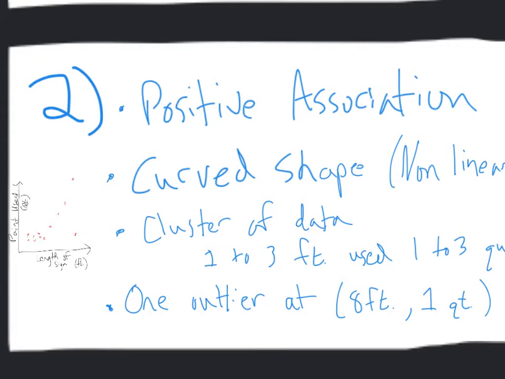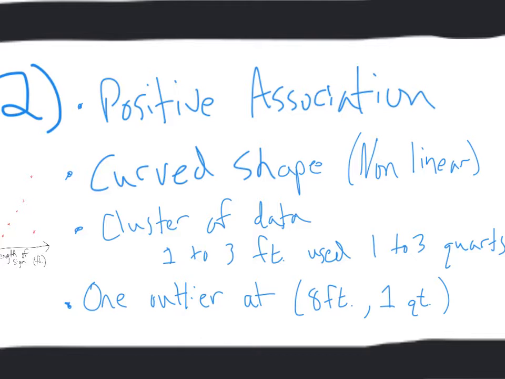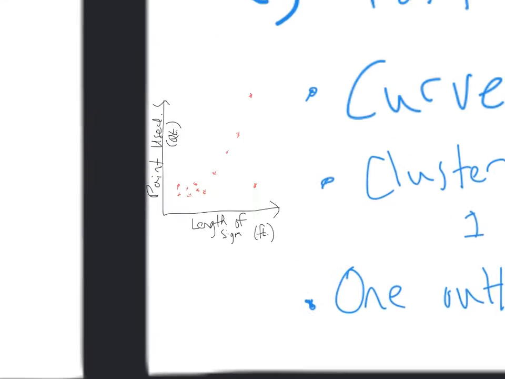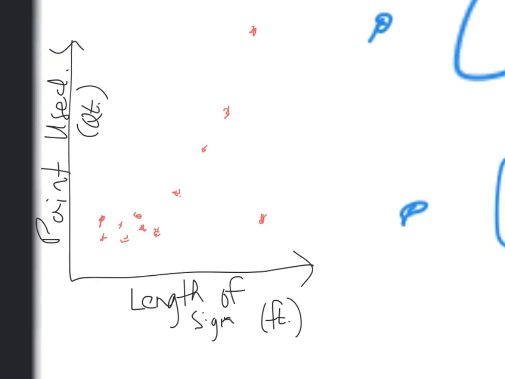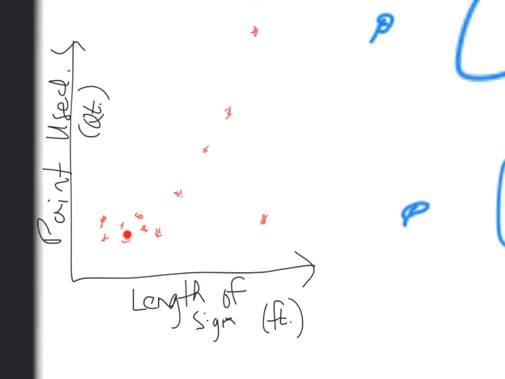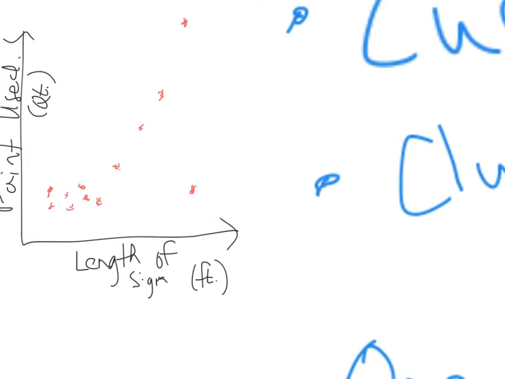The next thing I noticed is that this is a curved scatter plot, meaning it's non-linear. If we zoom back in on the data points, they make a curve going upwards. A straight line would pan out something like this, and once again, that would be a straight line. This data curves up, so this is definitely non-linear.